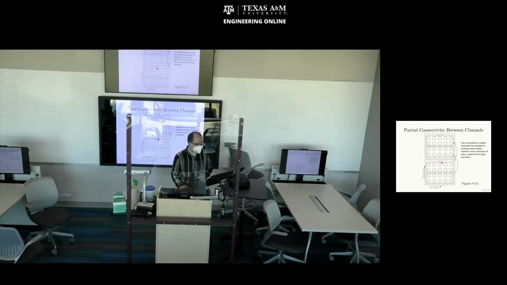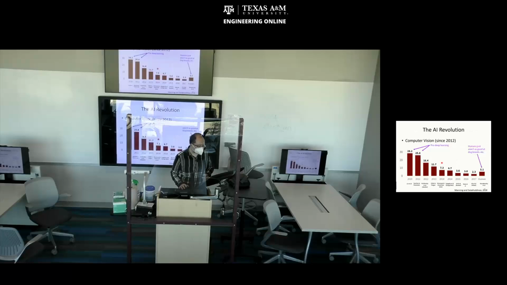And there's a partial connectivity between channels, right? So the connectivity can be restricted, right? And there are a lot of things that can be done. But if you look at the ImageNet, the winners after AlexNet, right? So then you have seen the VGG, GoogLeNet, right? You see this LE here, right? That's standing ovation to LeNet, right?